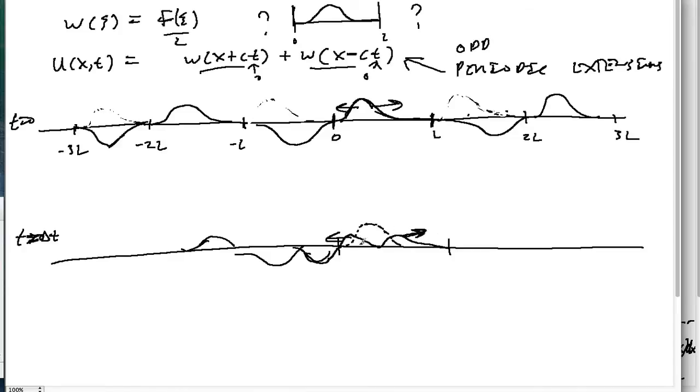One half of it is going to go that way, and the other half is going to go that way. But when it crosses over the 0 point, it's going to go negative on the negative side. This is a really interesting thing. As it keeps going, you're going to see these two wave solutions always passing through each other, one going in the leftward direction and one going in the rightward direction.